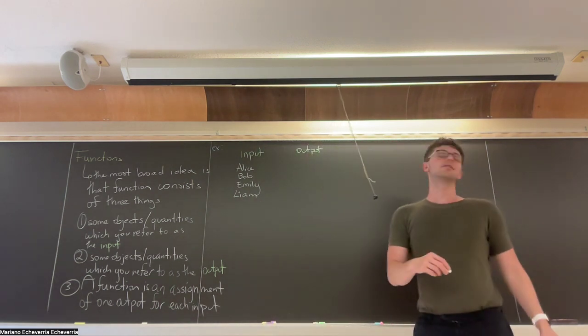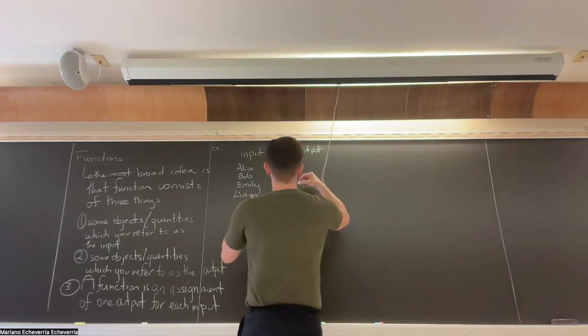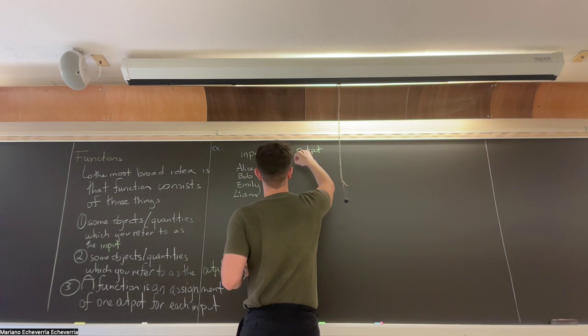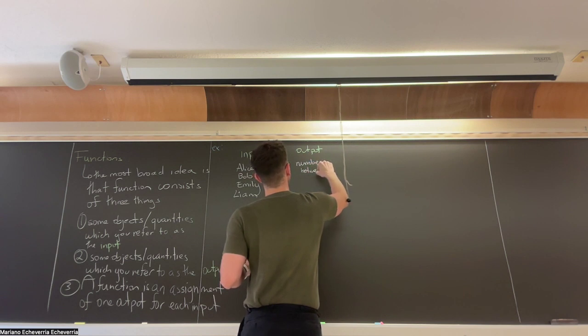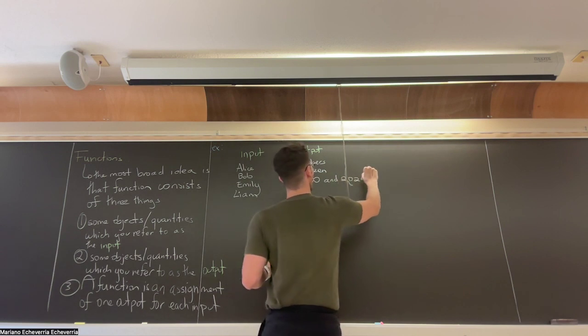And the output could be the year in which the person was born. The output is going to be numbers, so I'll put numbers between 1900 and 2024.